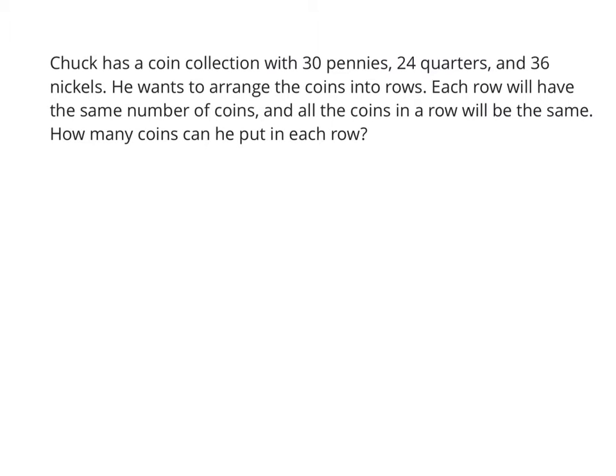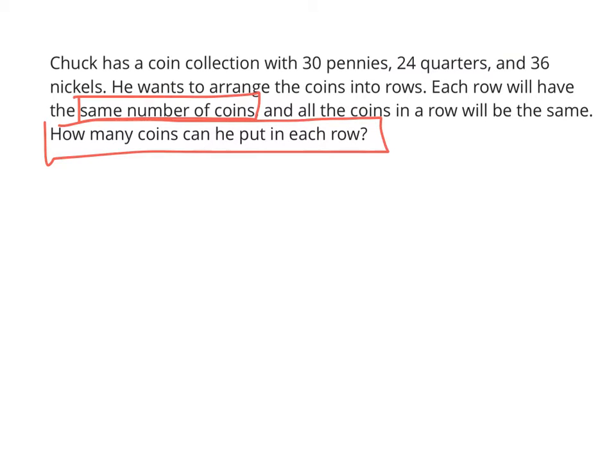So let's focus first on what it is that they're asking us. Let's look at that question. How many coins can he put in each row? Well, we need to find the number of coins that can go in each row so that each row has the same number of coins and all the coins in the row will be the same.